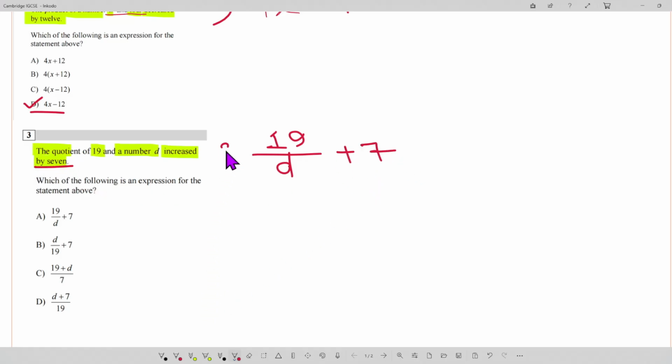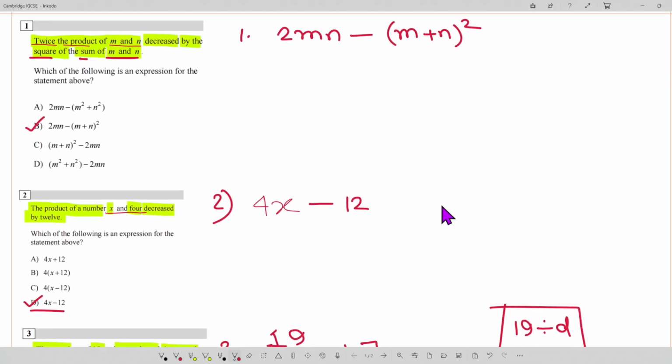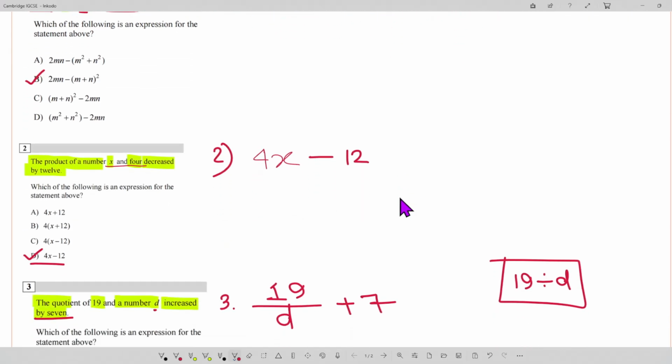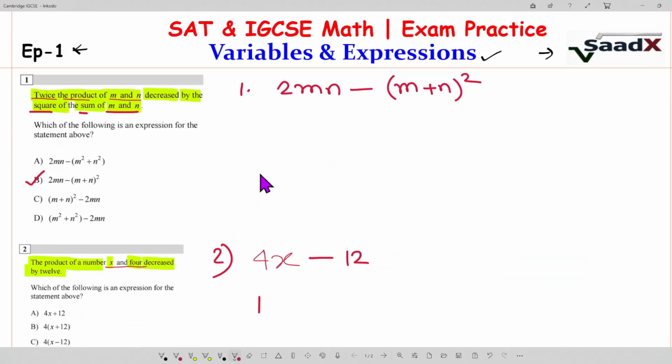Okay. This is our answer 3, which is number A. Look, the quotient of 19 and a number D means 19 divided by D. Okay, and increased by 7. So we are completing 3 questions of variables and expressions.